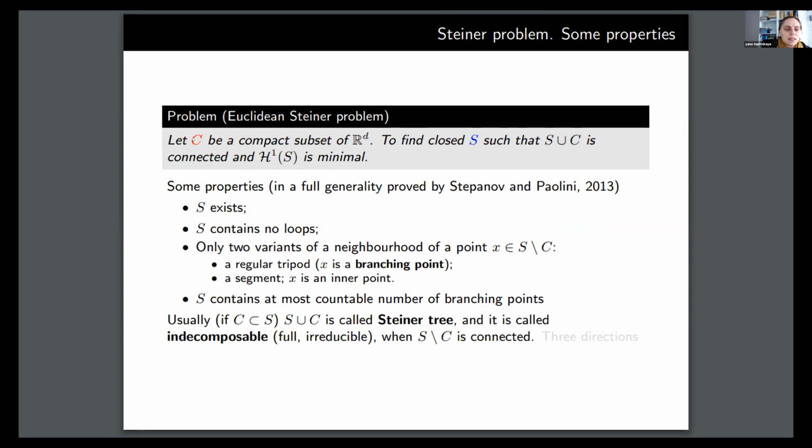And can I ask what is the group of automorphisms of a Steiner tree? Is it some isometric group? I cannot answer. Sorry. Is it a self-similar group? Maybe some class of groups? Can you describe?